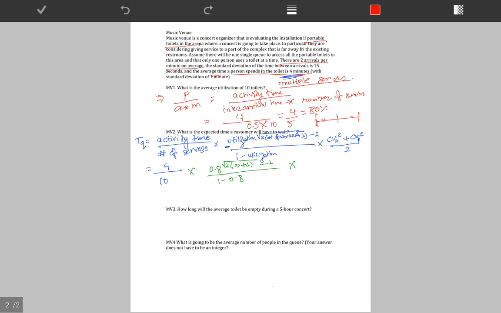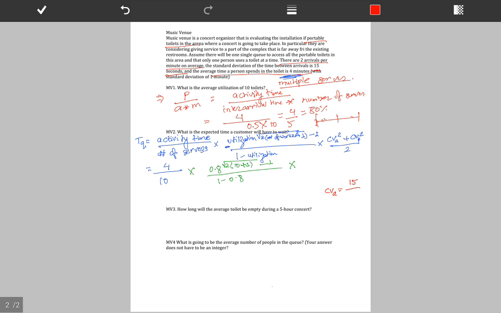CVa. So we need to calculate CVa, the coefficient of variation of arrival. Here the standard deviation of inter-arrival time is 15 seconds.